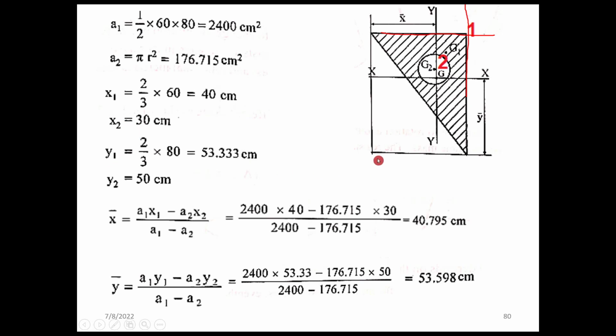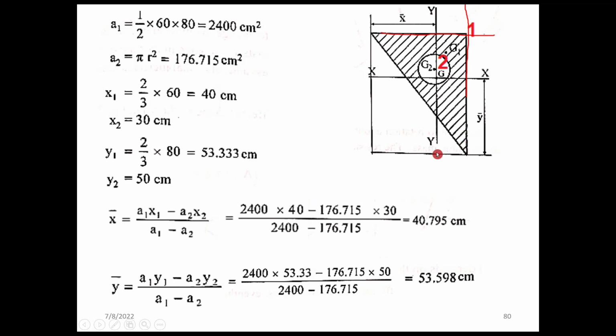y1 we are taking from the base, so it will be like the previous one, 2/3 of 80. From this base it is 1/3 of 80, and from here it is again 2/3 of 80. y2 is 50. So we are taking from here.